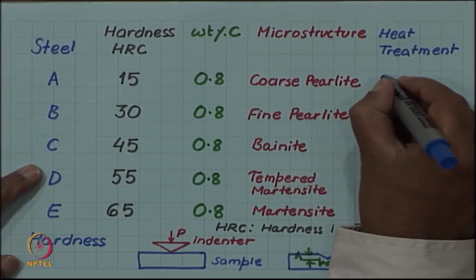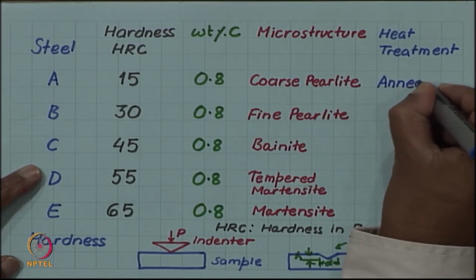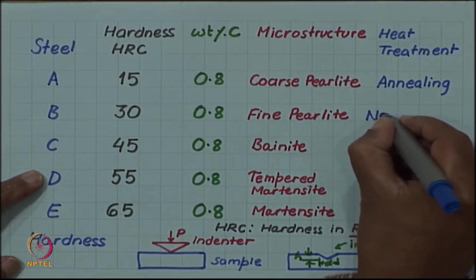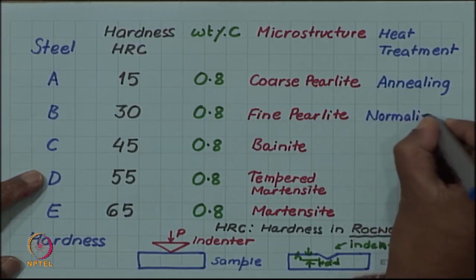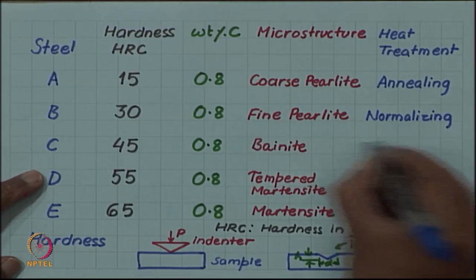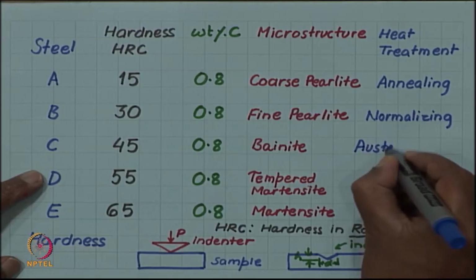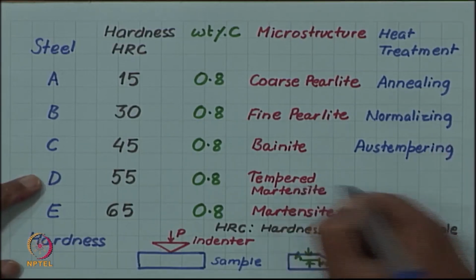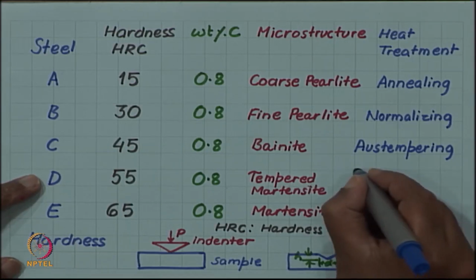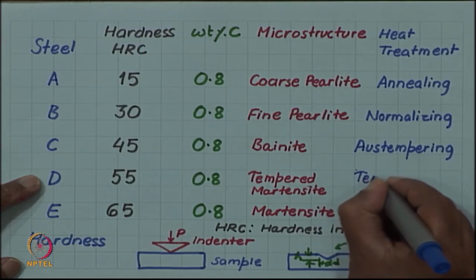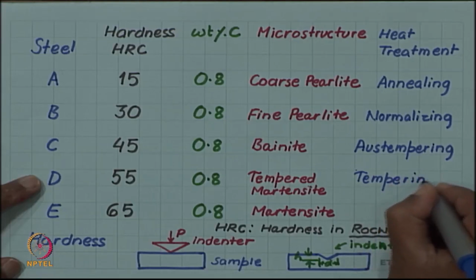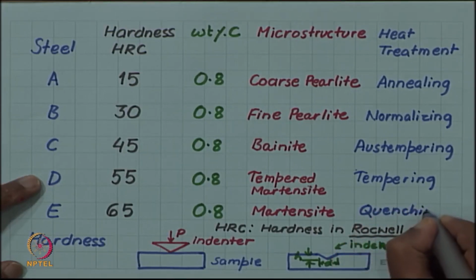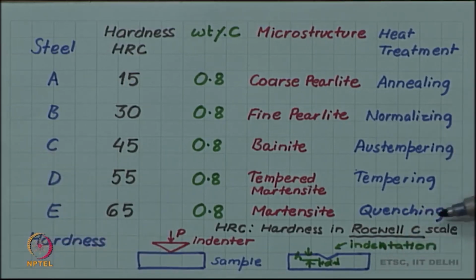So, coarse perlite is obtained by a heat treatment called annealing, fine perlite by a heat treatment called normalizing, bainite by a heat treatment called tempering, tempered martensite by a process called tempering, and finally martensite by a heat treatment called quenching. We will discuss all these heat treatments as we go along.